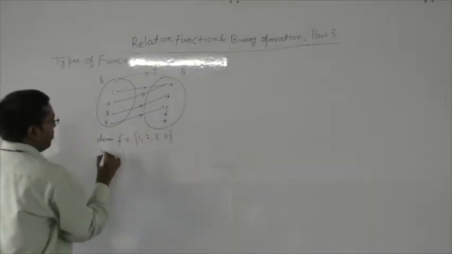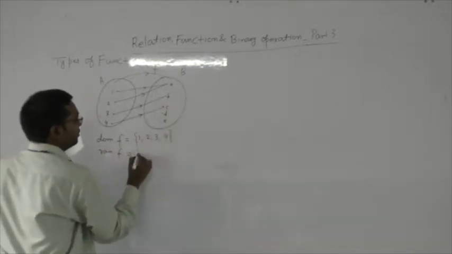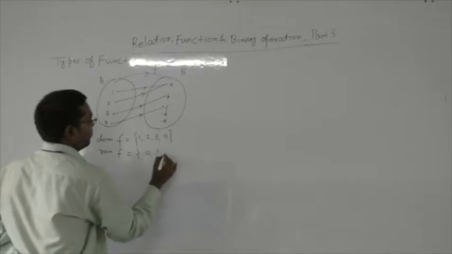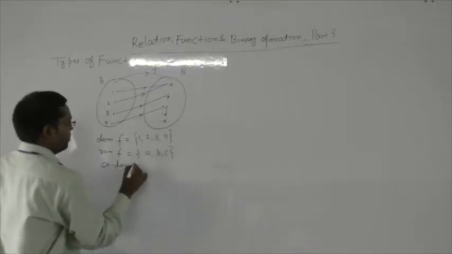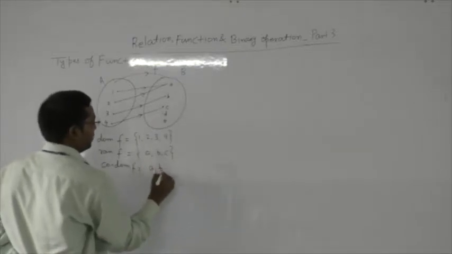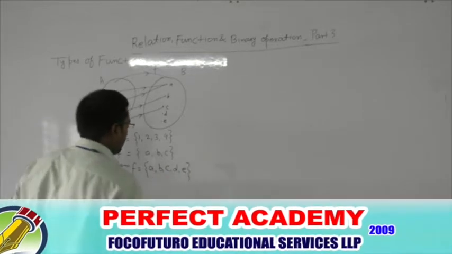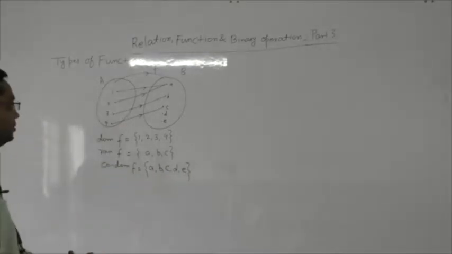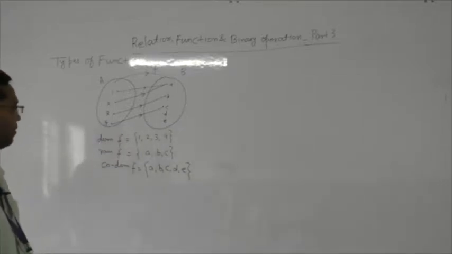The range of this function is A, B, C, only the connected ones. And the codomain of the function is all of A, B, C, D, E. That is our codomain. Any relation of this kind is called a function.